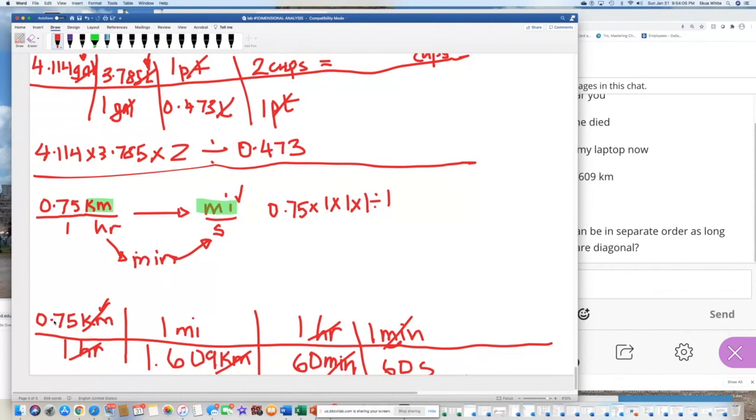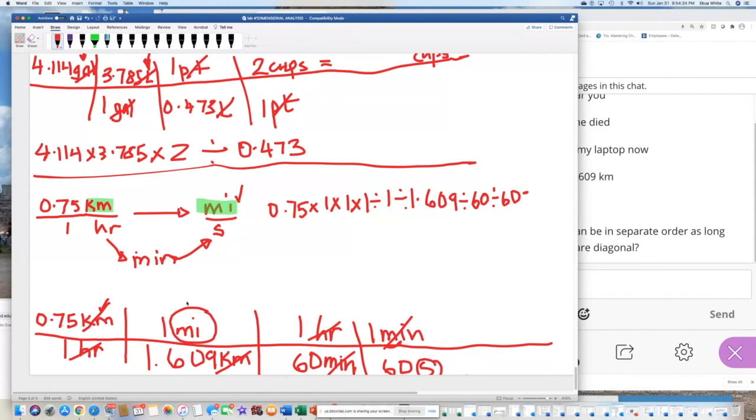So all the top, that times that times that times that, divided by the bottom: divided by 1.609, divided by 60, divided by 60. In your answer, you have the units. This did not cancel out, and neither did this unit right here.